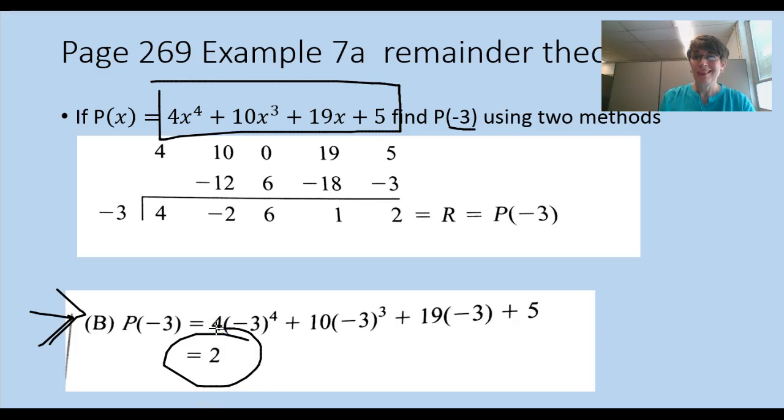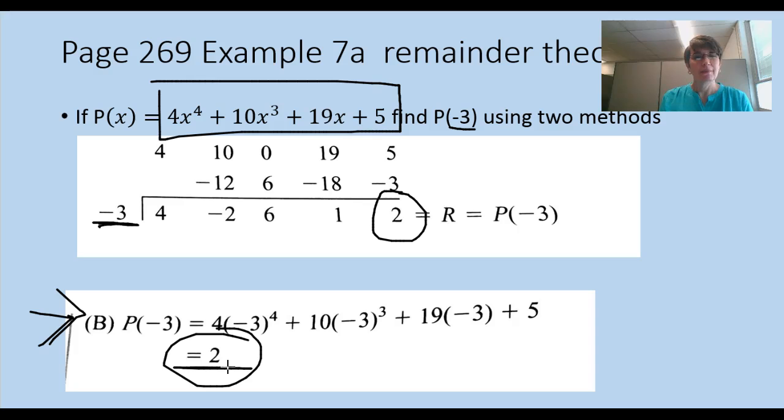Or I can do a synthetic division, which a lot of students find easier than doing all of the powers down below. I can do a synthetic division using that negative 3 as my divisor, and what I come up with as the remainder will be the answer, will be that function evaluated at negative 3.